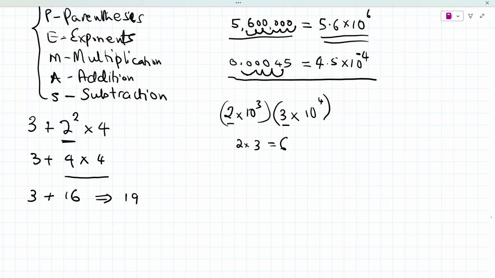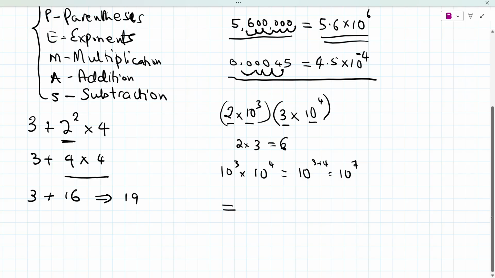And then you multiply out the exponential numbers, 10 to the power 3 and 10 to the power 4, which, as we've seen in our previous lessons, will be 10 to the power 3 plus 4, which is 10 to the power 7. So the final answer will be 6 multiplied by 10 to the power 7.